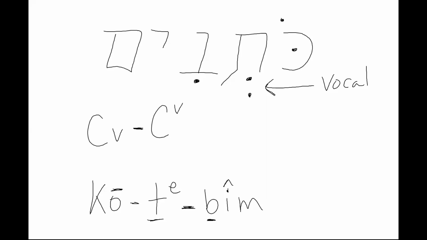So it acts as a vowel. We'll superscript that vowel, right? And then the bet is a consonant. And then we have the hirek yod. Hirek yod is a vowel. And then the mem sofit is a consonant, right? So here you see an open syllable.